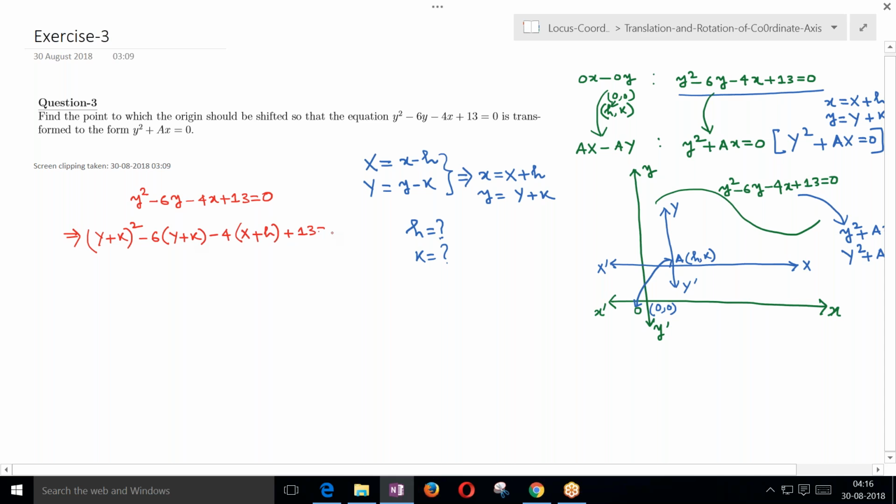If we simplify further, what will we get? We'll get Y square plus 2 into k into Y plus k square minus 6Y minus 6k minus 4X minus 4h plus 13 is equal to 0.